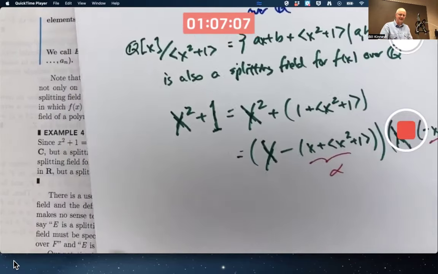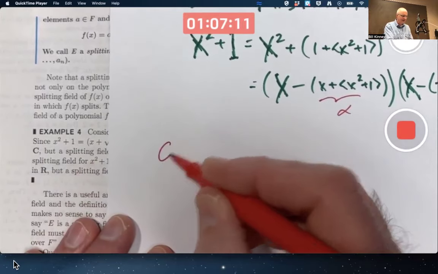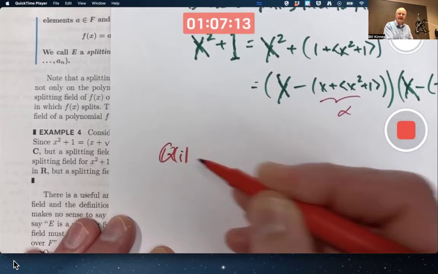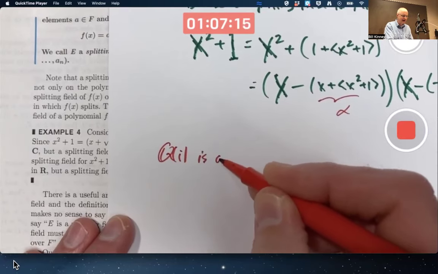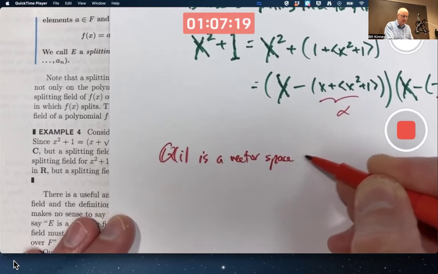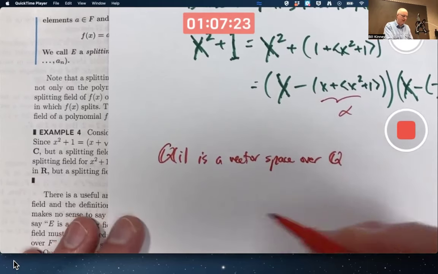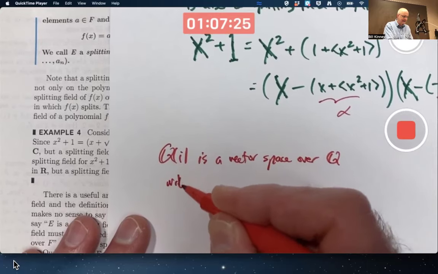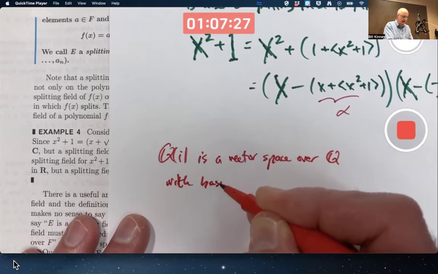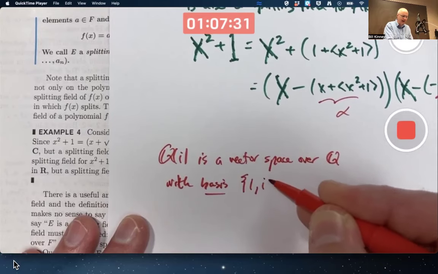In other words, this will be our final thing to focus on today. Qi is a vector space over Q, the rationals, with basis consisting of 2 elements, 1 and i.